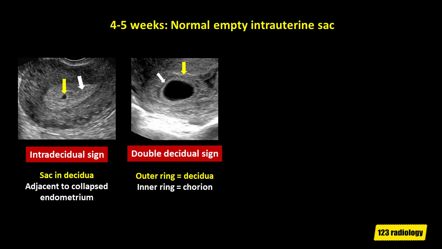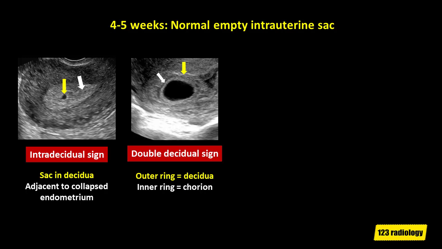The image on the left shows the intradecidual sign. The yellow arrow shows a sac-like structure that is embedded eccentrically within one of the decidua, located adjacent to a collapsed endometrium. The image on the right shows a double decidual sac sign.